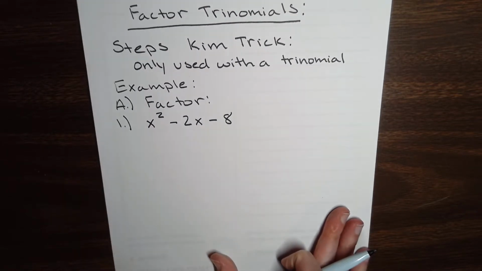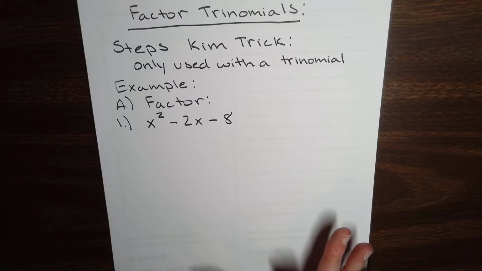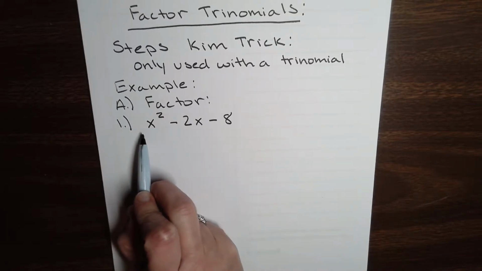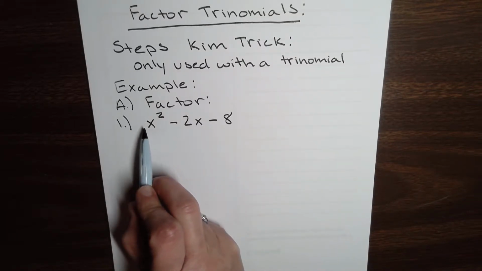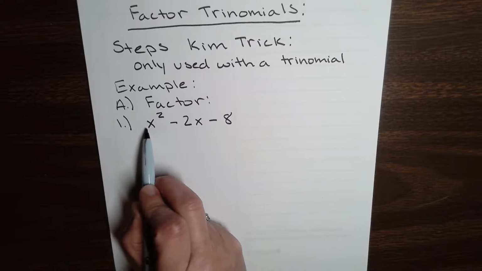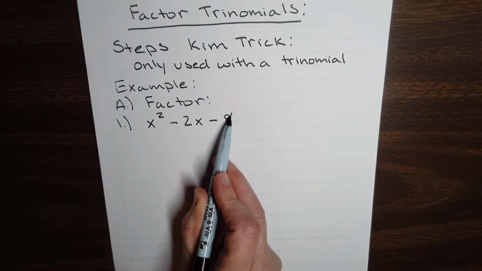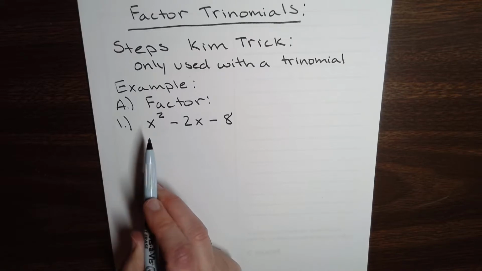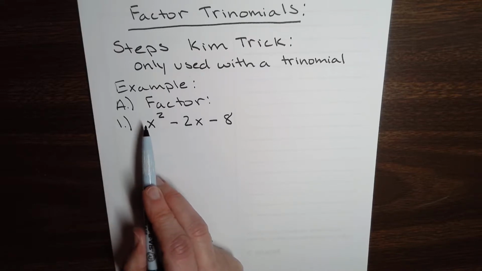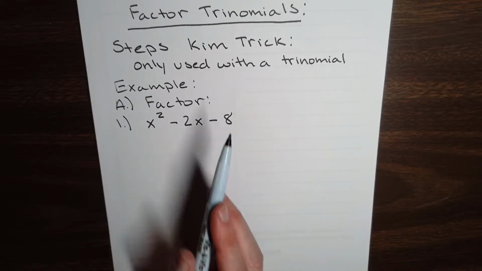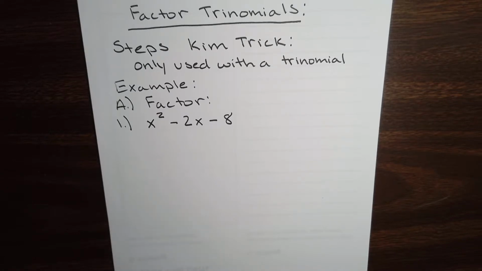Using the Kim trick, the first thing you do is take your leading coefficient, which is the number in front of your x squared, and multiply it by the last term. Now in this example, your leading coefficient is 1, so if you multiply the last term by 1, you still have the same number.